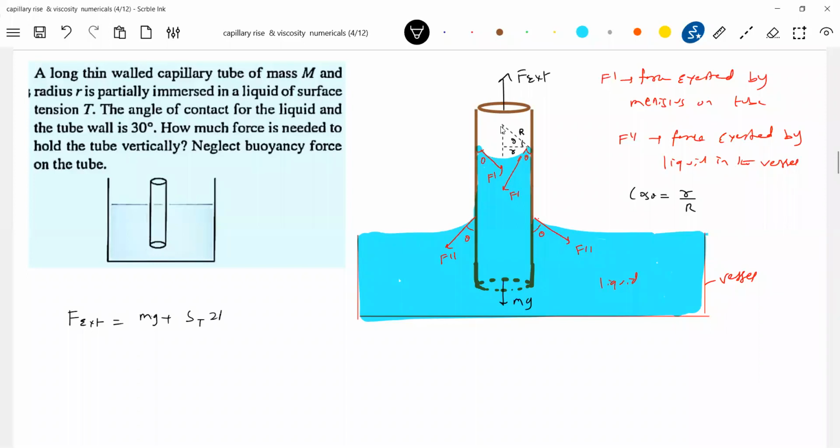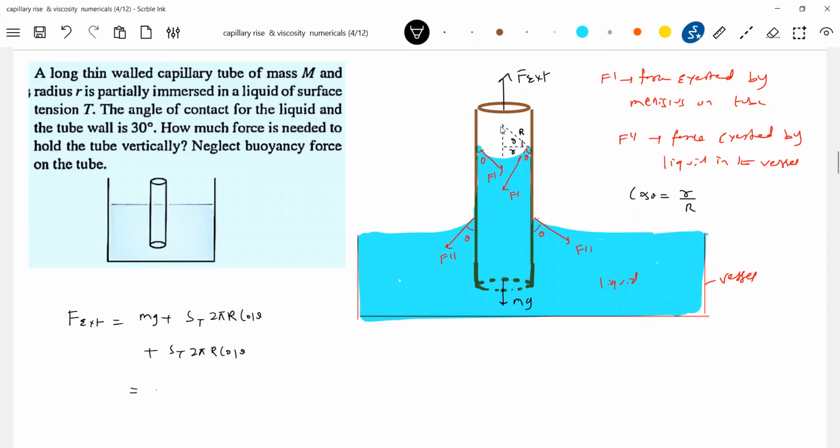Surface tension into 2 pi r cos theta, plus surface tension into, here also the same thing, 2 pi r cos theta. What is r cos theta?